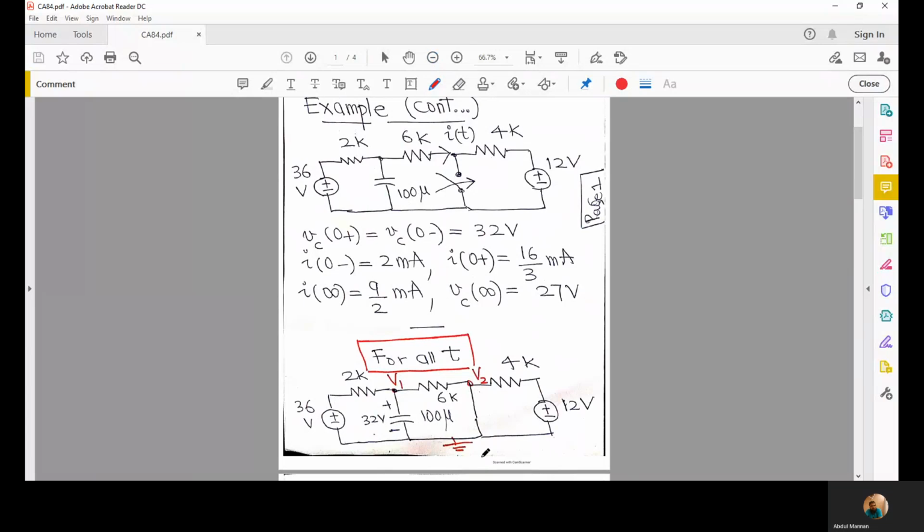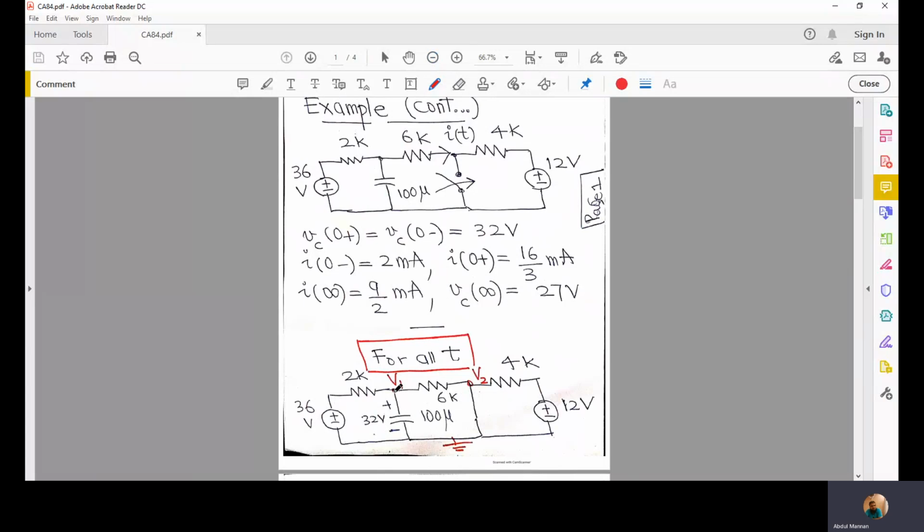So in order to find V sub C of t, the voltage drop across the capacitor, whose initial value is 32 volts just after closing the switch, we know that the value 32 volts is not retained. It decreases as the switch is closed, because the topology of the circuit has been changed.